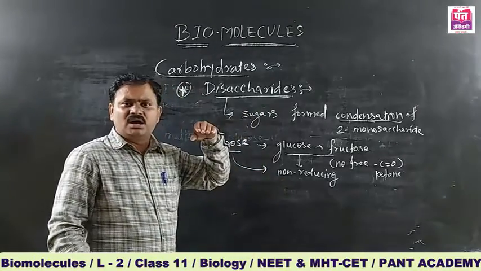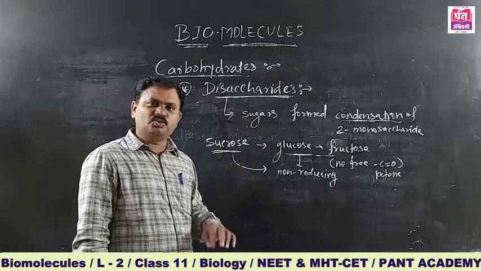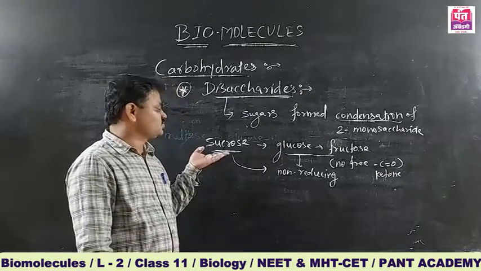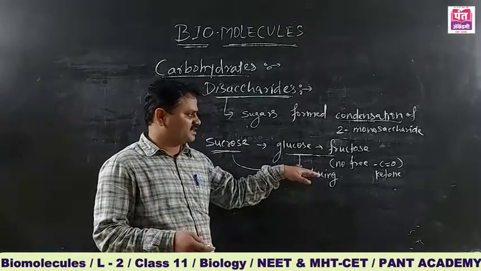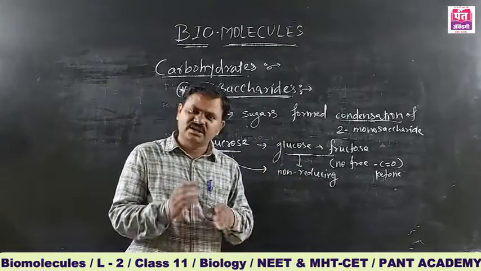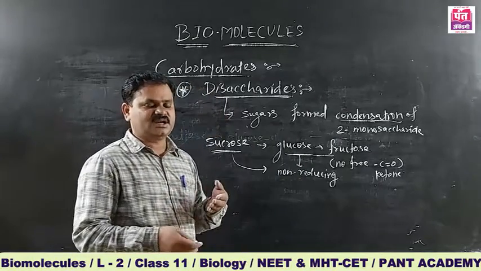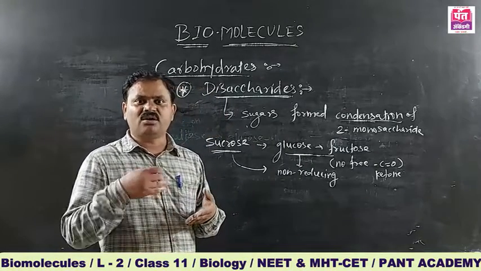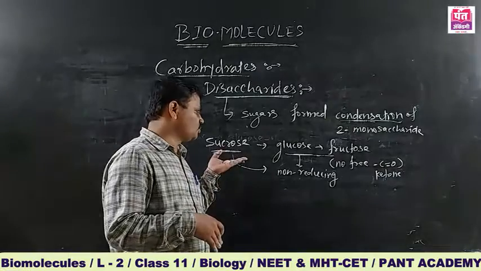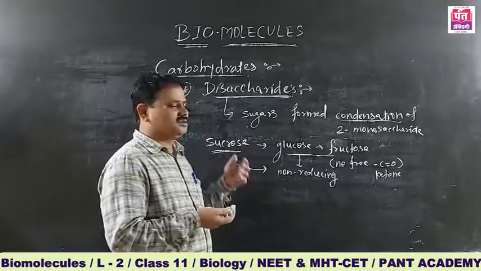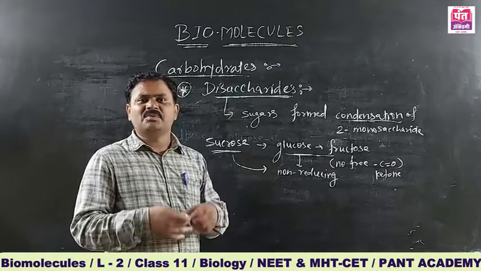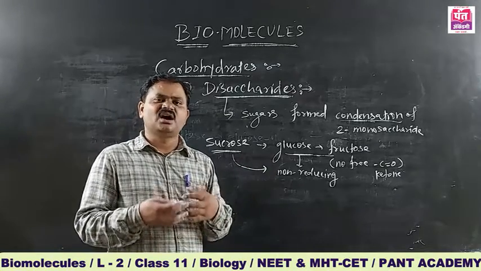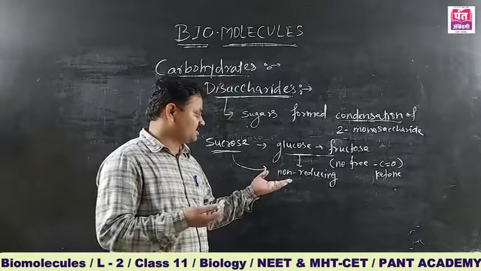So lactose and maltose both are reducing sugars, and sucrose is not a reducing sugar, and therefore we can understand that disaccharides can be of two different kinds, reducing or non-reducing. But other kinds of disaccharides are hardly reducing type.